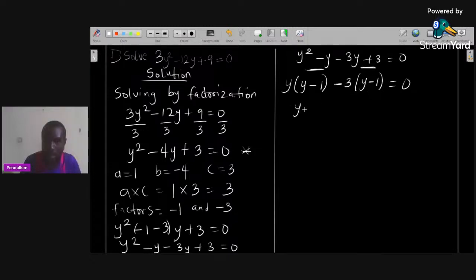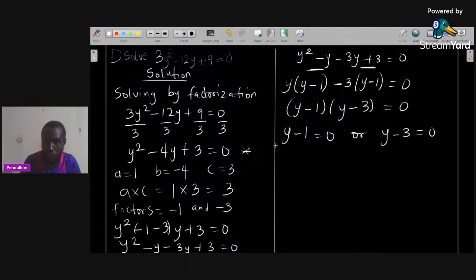We can just take 1 and say y minus 1, y minus 3. This y outside and this minus 3 outside equal to 0, which you can write as y minus 1 equal to 0 or y minus 3 equal to 0. And from here, of course, we are looking for y, that's the solution.